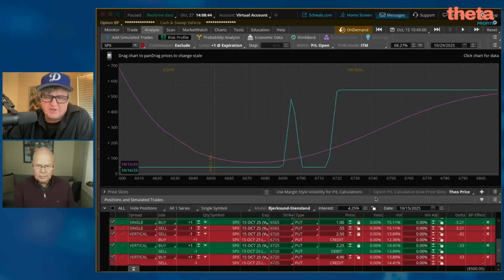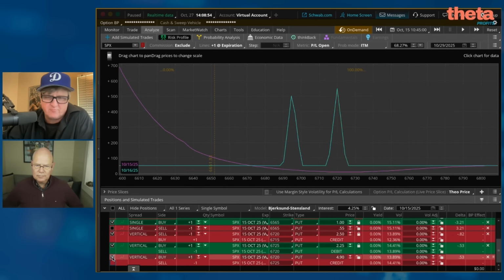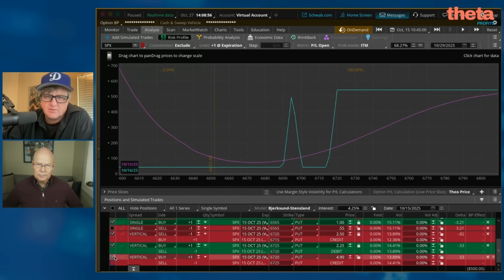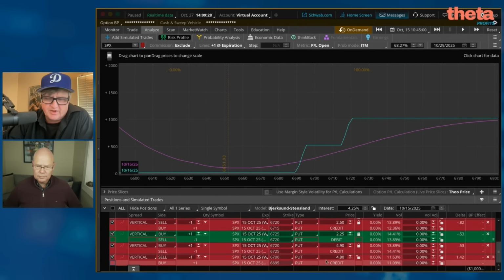So once we reach that level, which you can see the mark shows, it's 490. So it's basically lost all the value there. I can get the full value of that, just that one side of the butterfly that was there. So now I have this huge cliff on this side that just automatically gets bought back. Let me lock that one. Let me see if I can do the same thing with this one. I'll see if I can buy that side back. So that's almost at full value if I were to get it.